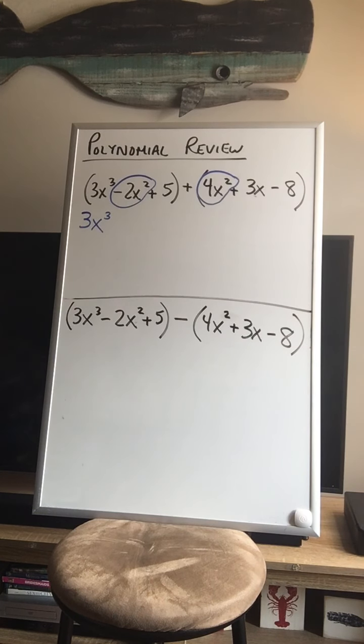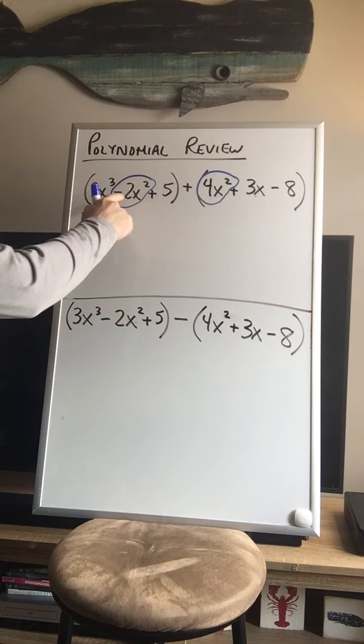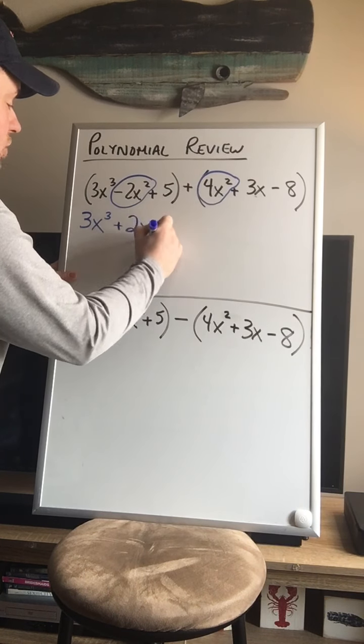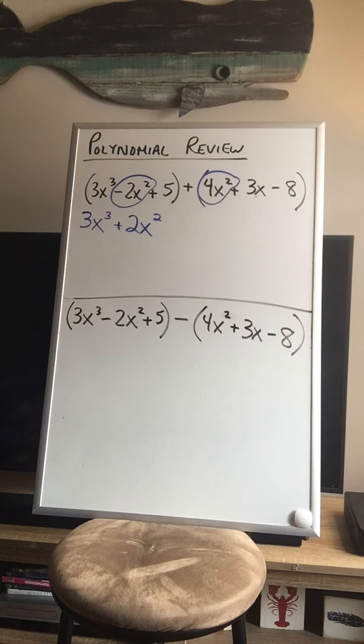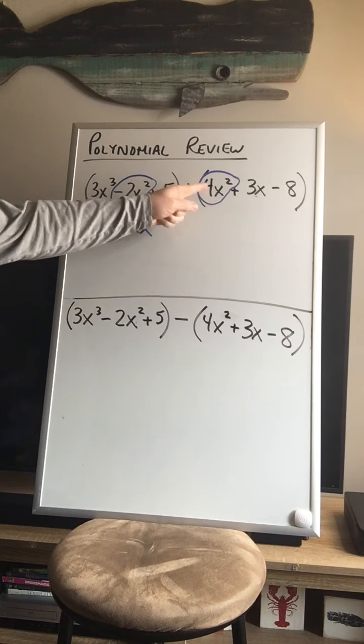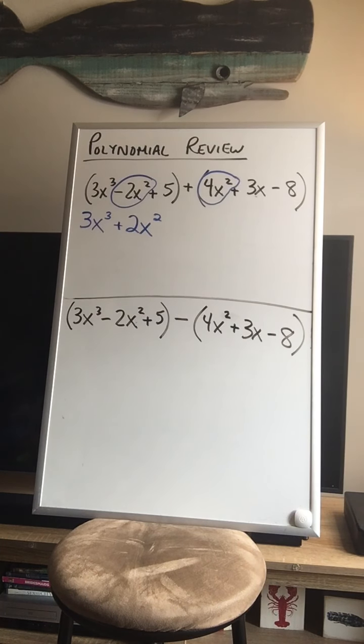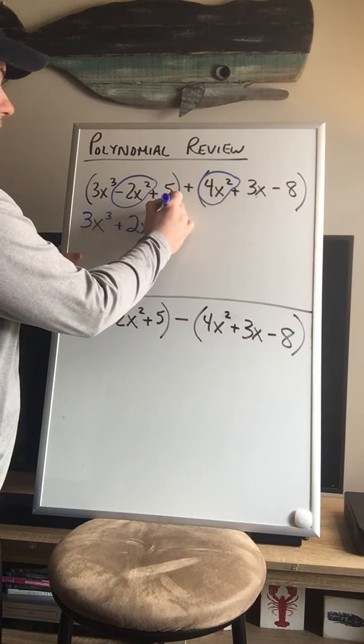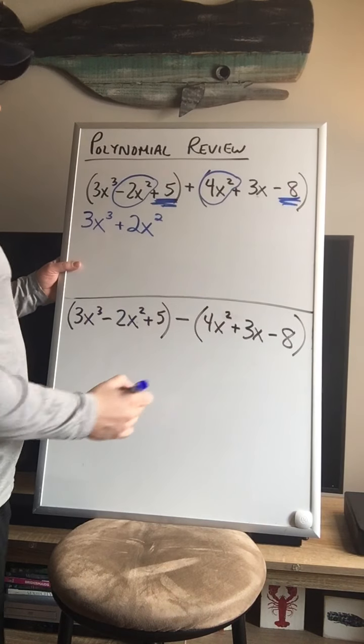They are both x to the second power. So negative 2 plus 4 is positive 2x squared. When you combine the like terms, you simply add the numbers in front and the variable part stays the exact same.